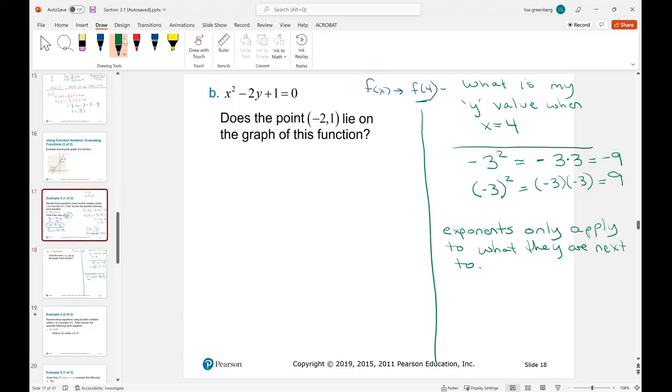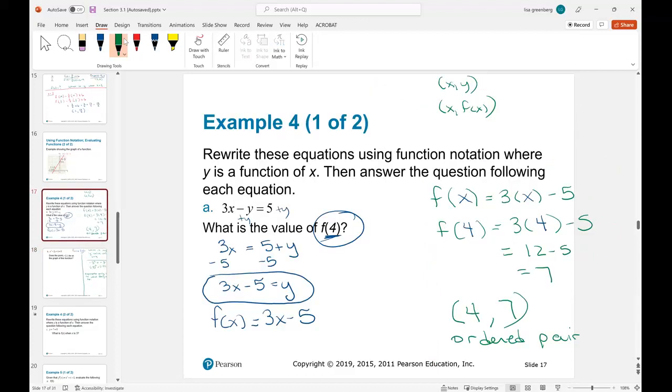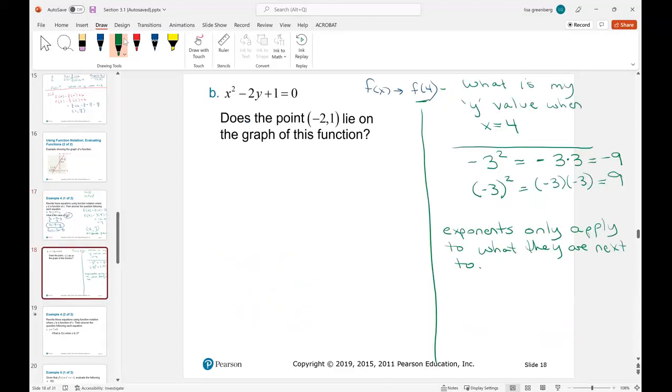That's why here I said replace the places where x are just with parentheses, because if you don't, you might get the wrong answer. So for example, here I have this point, which means I'm going to plug in x equals -2, because this is still x comma y, right?